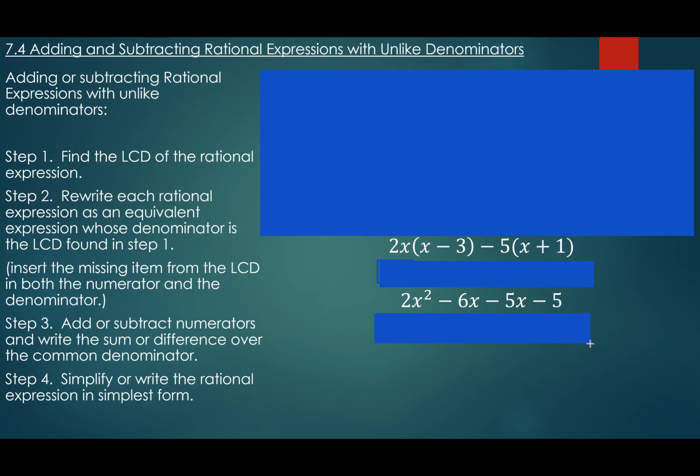And again, negative 5 times x will give me negative 5x, and negative 5 times 1 gives me negative 5.